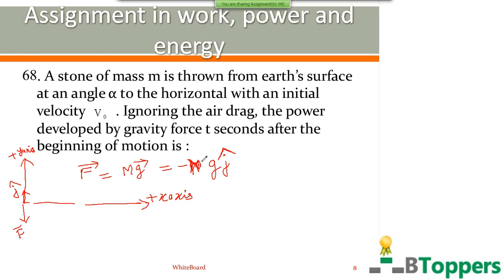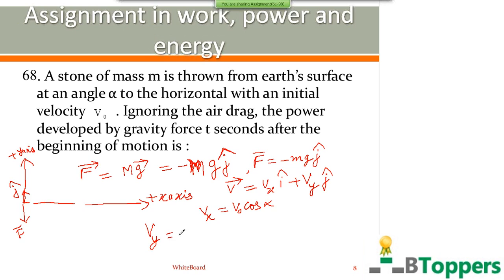A vector can be written as the product of its magnitude and a unit vector in the same direction. So we have written F bar as minus mg into j cap. The velocity v bar at any instant you can write as Vx into i cap plus Vy into j cap. Vx is the x component of the velocity, which is V naught into cos alpha.